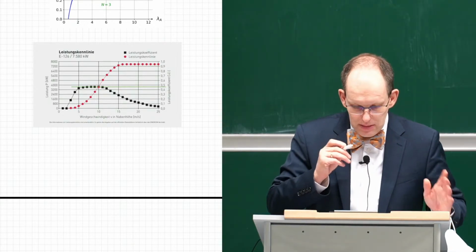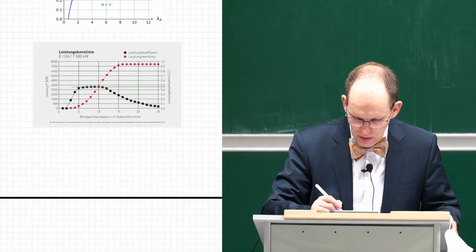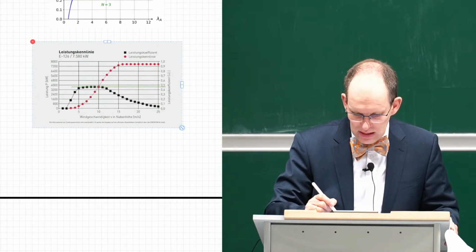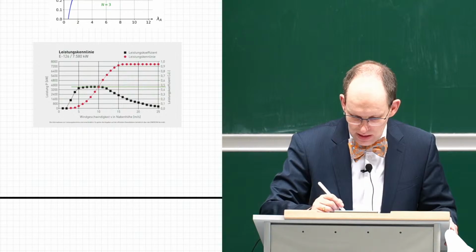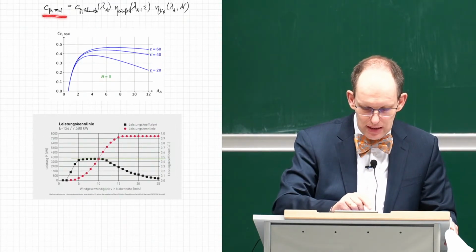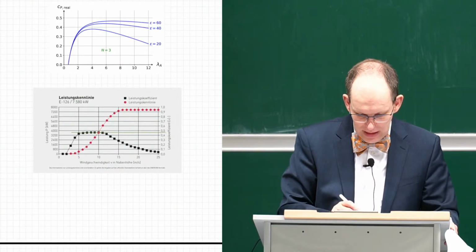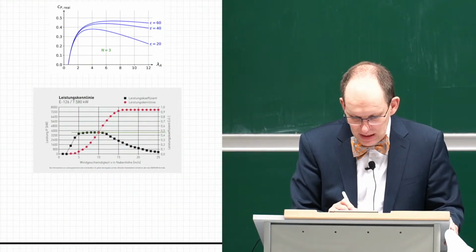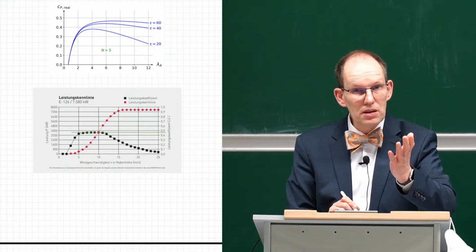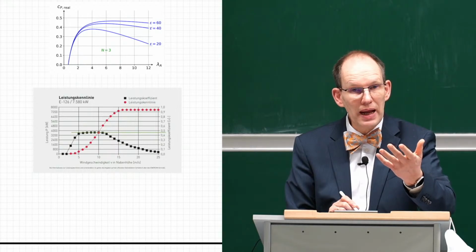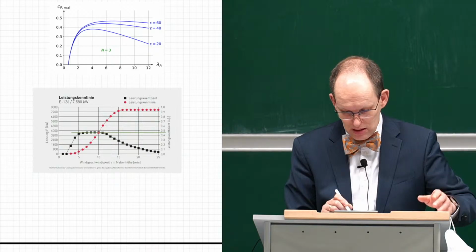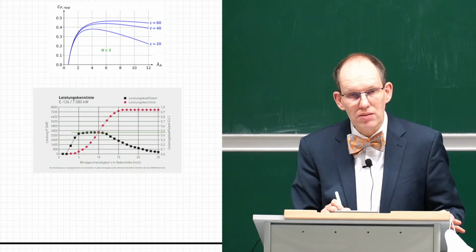Yeah? Well, the more interesting curve for our purposes is the power coefficient, right? So the power coefficient, which is what we calculated here, right? And you see that when you pitch the blades such that you reduce its power, then of course this has to go down, right?